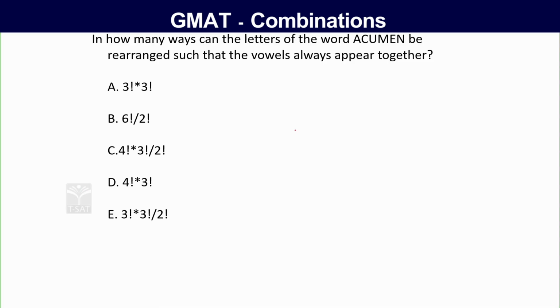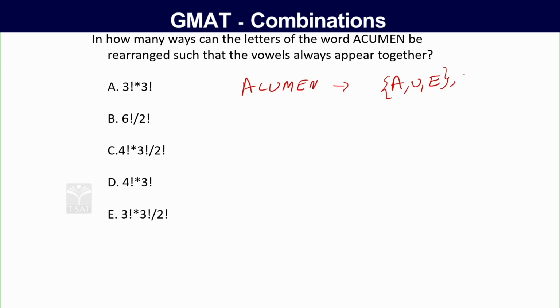In how many ways letters of the word ACUMEN be arranged such that the vowels always appear together? Okay. So, in this word ACUMEN, what are your vowels? Your vowels are A, U and E, and you want them always to appear together.